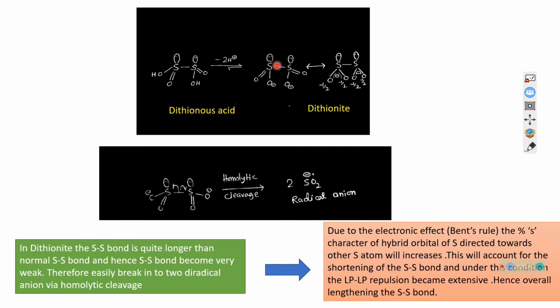And to release this lone pair repulsion, these two sulfur atoms prefer to stay far away from each other. That is the main reason behind the abnormality of this S-S single bond. Abnormality means this S-S bond is quite longer than expected.